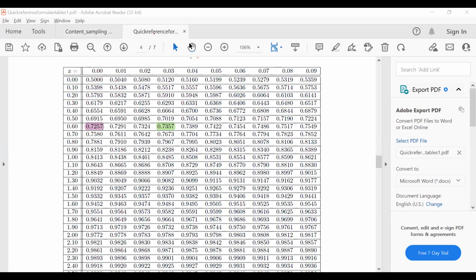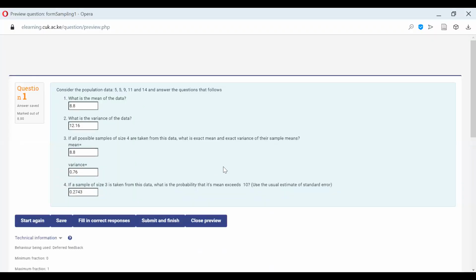So I now move back here. I have already cleared that, sorry for that. So I'm saying 1 minus 0.72. What was the other value? Need to go back there. Check: 7257.